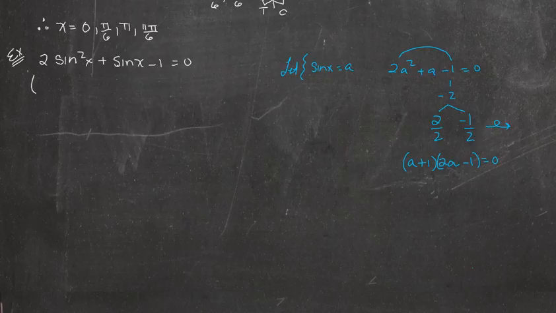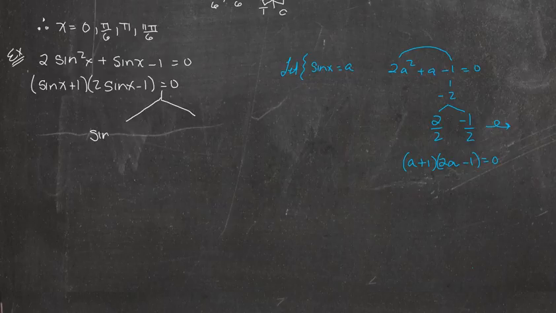So this trigonometric expression factored would be sine x plus 1 times 2 sine x minus 1, and that equals 0. Since I have factors equal to 0, I can use the zero product property.